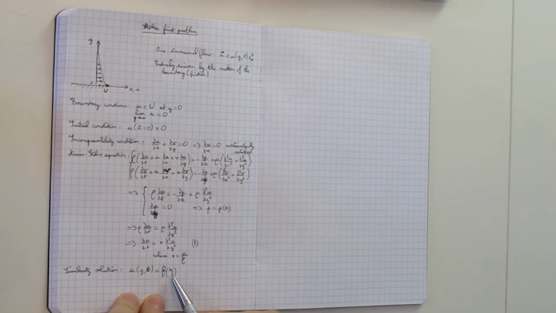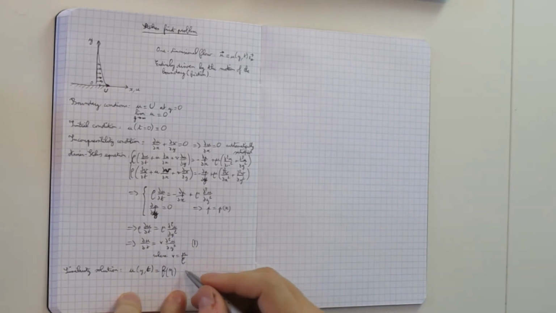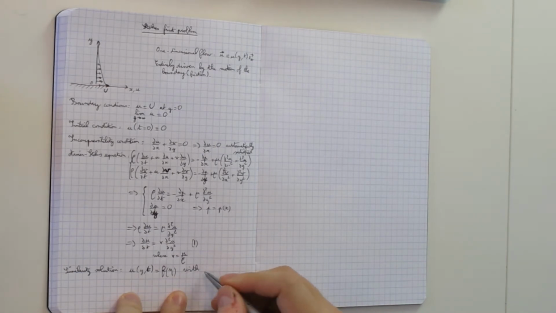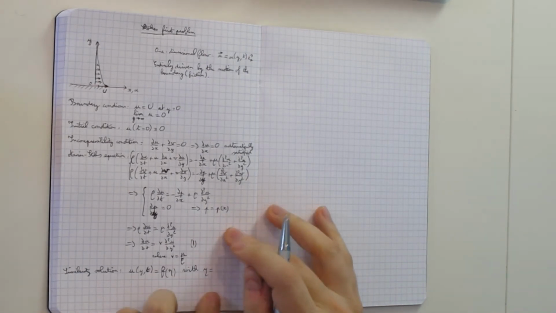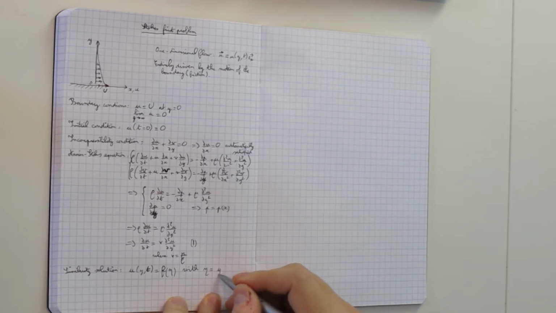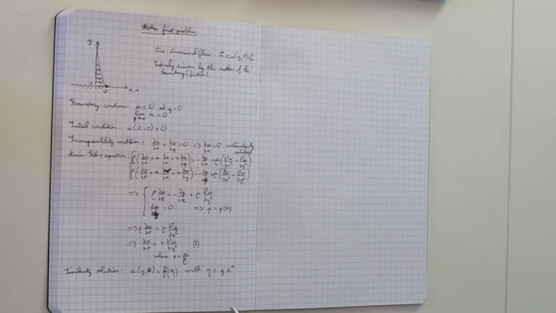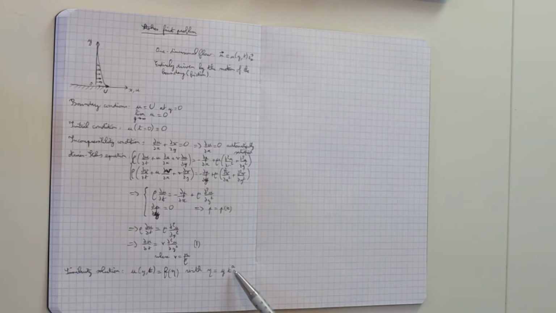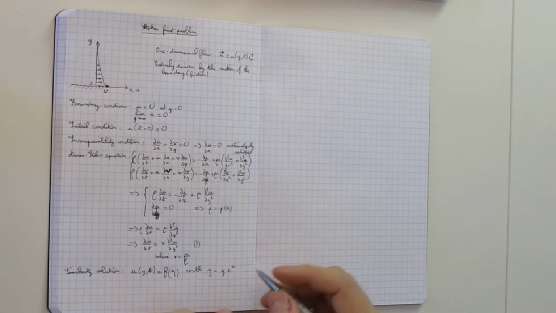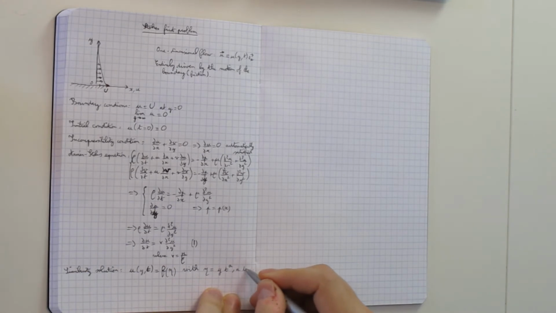So f, a function of eta, where eta combines both y and t. I'm going to write down that eta is of the polynomial form y t to the a. The reason why we want a polynomial form is because these are partial derivatives, and so we will have powers of these quantities going through the derivatives. And so I'm just writing t to the a with a to be determined, okay?